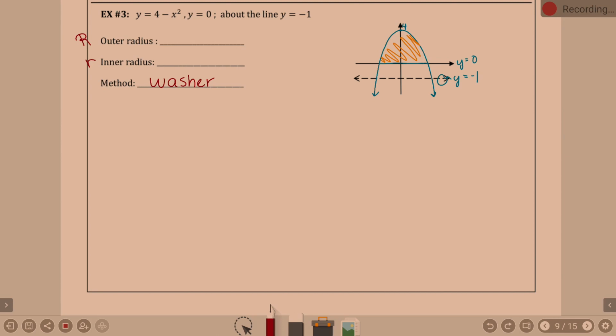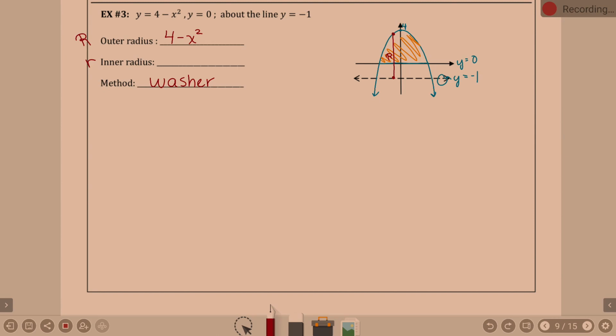So big R is going to go from my topmost curve down to the line I'm rotating about, yes? So what are those pieces? On 4 minus x squared is my upper, and then minus the negative 1.